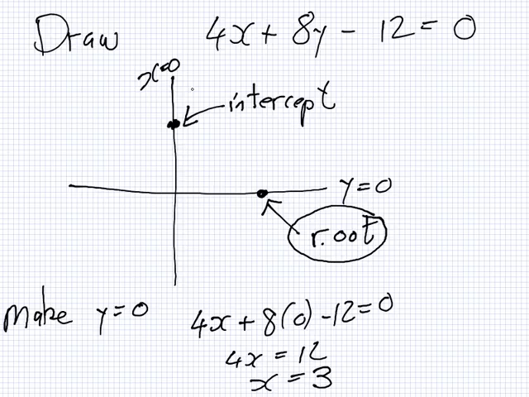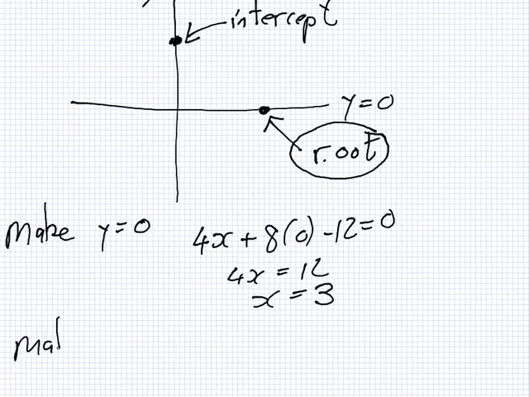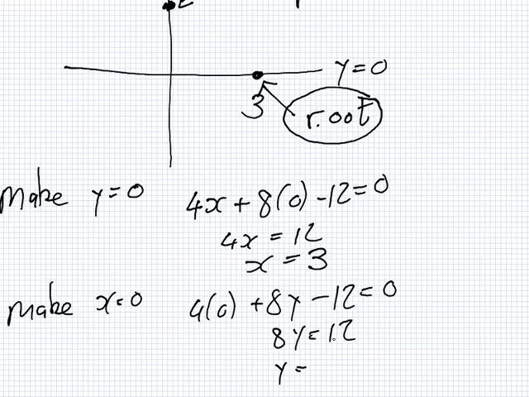On this line x equals 0. So now you get, this is 3, make x equals 0. 4 times 0 plus 8y minus 12 equals 0. 8y equals 12. y equals 12 over 8. What's that, 1.5?